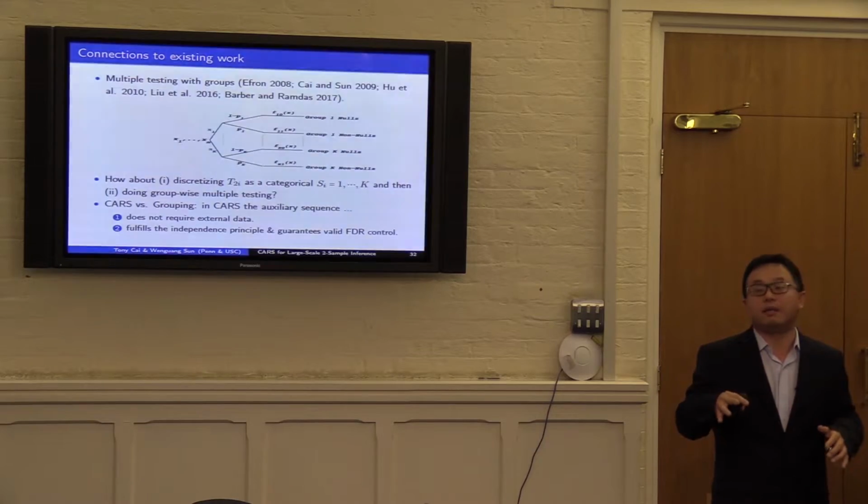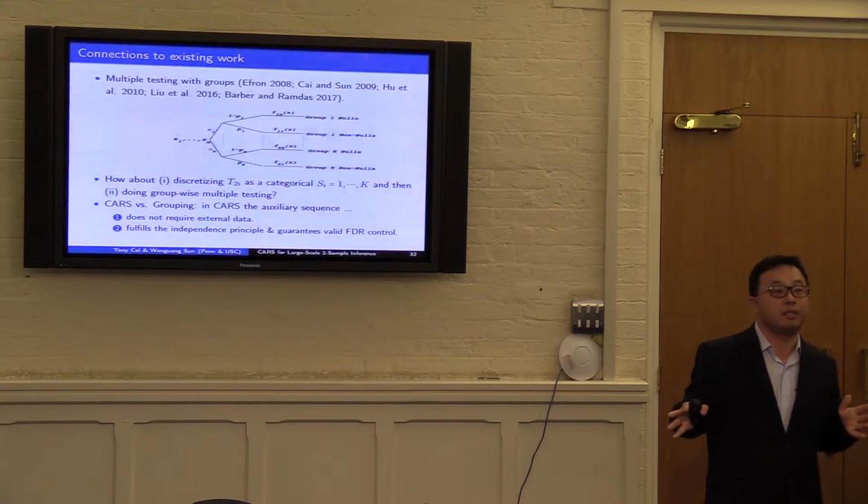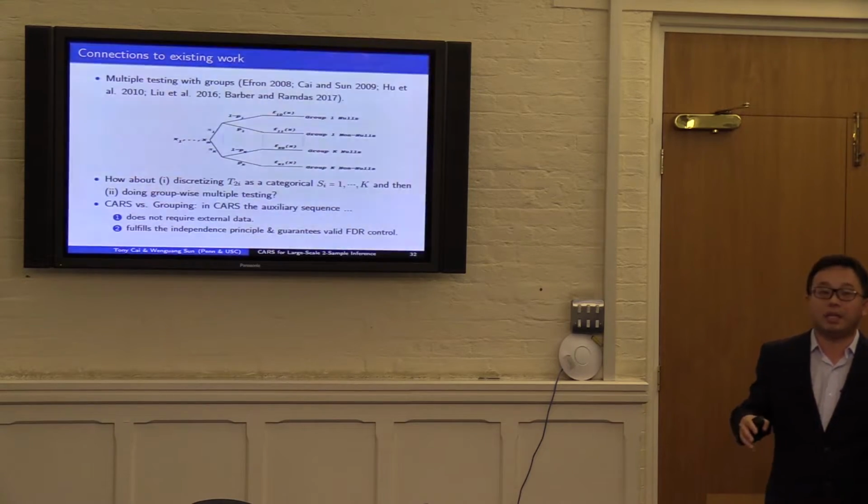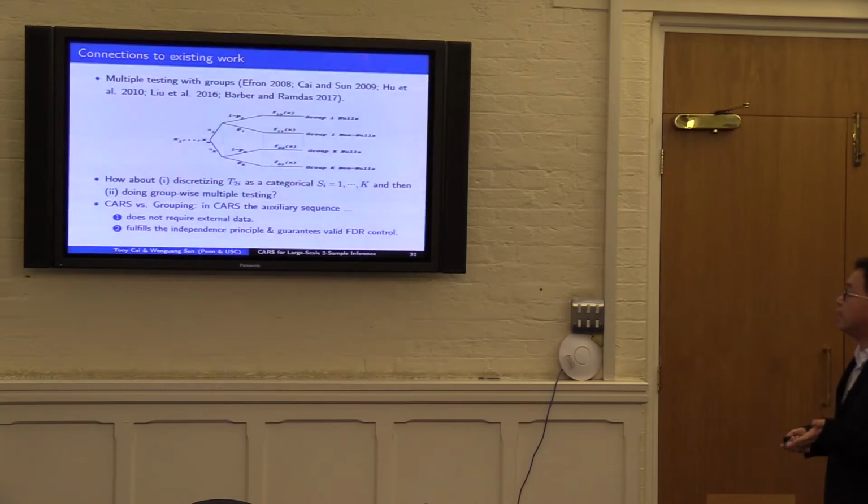The BH procedure requires that the p-value must fulfill the uniform distribution under the null. If that assumption is violated, it will lead to invalid FDR procedures. However, our method does not require that independence assumption. Actually, our independence assumption is fulfilled by construction, and it guarantees valid FDR control.